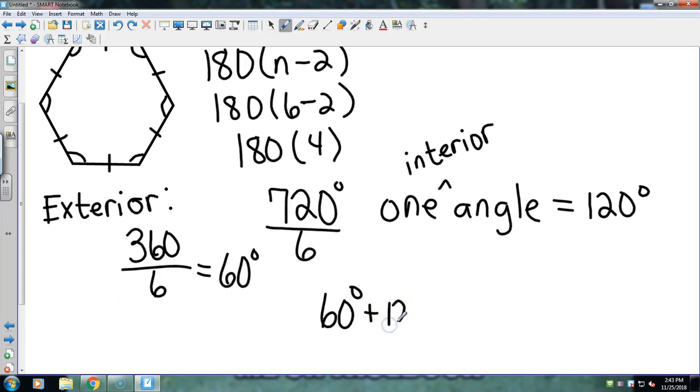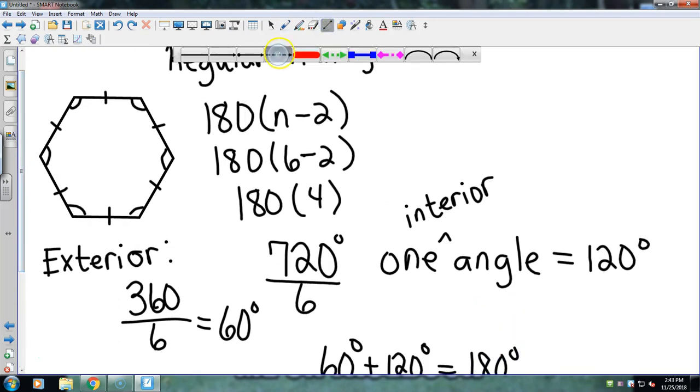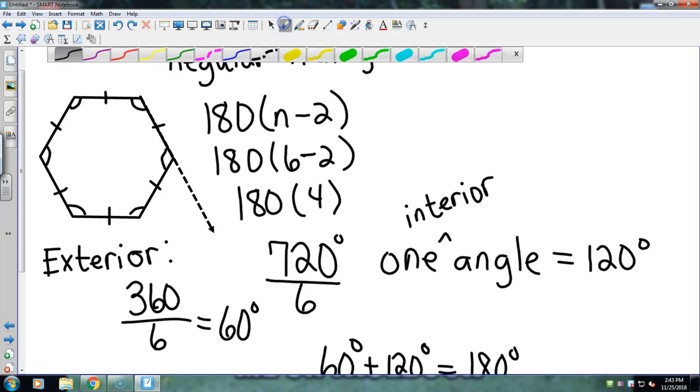If I add my exterior angle plus my interior angle, they should equal 180 degrees. Because if I extended this side, here is my interior angle, and here is my exterior angle. So those should total 180 degrees every time on any shape.